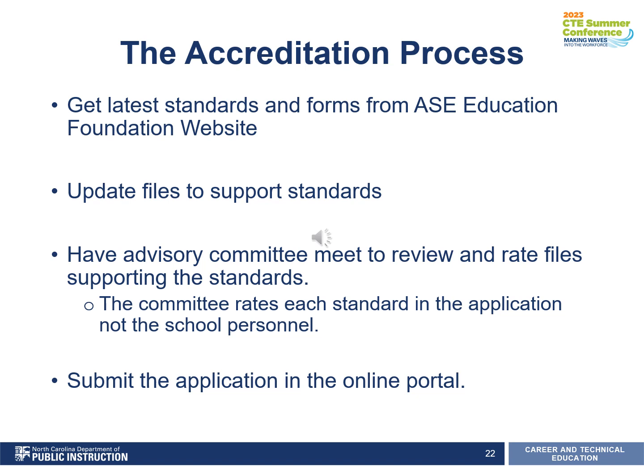If they rate something low, at the end of the day, you can say, what information do you need? Because we've already gone through and updated the files. So ask them what they would like. And so the committee is basically doing the ratings and the application. We take those ratings and we submit the application in the portal, and we discuss how to get into the portal.